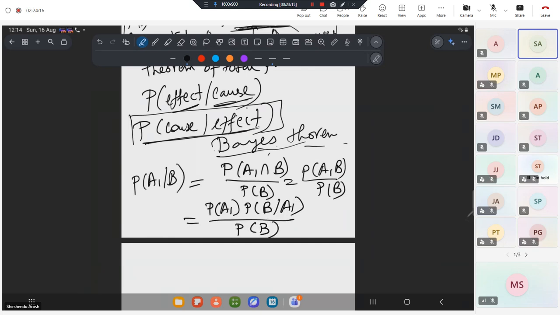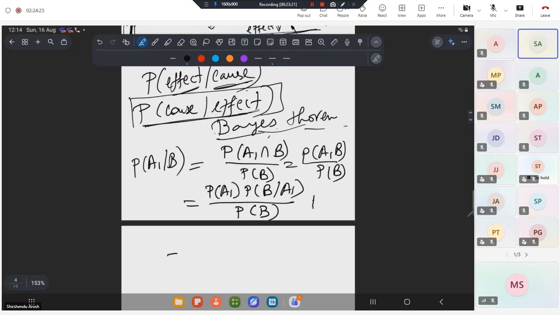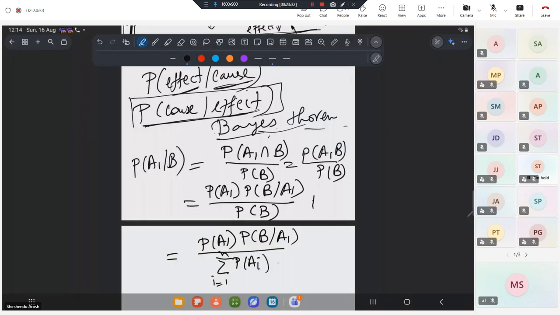Now I am going to use the theorem of total probability, and from there put in the value of P of B: the summation over i of P of Ai times P of B given Ai.